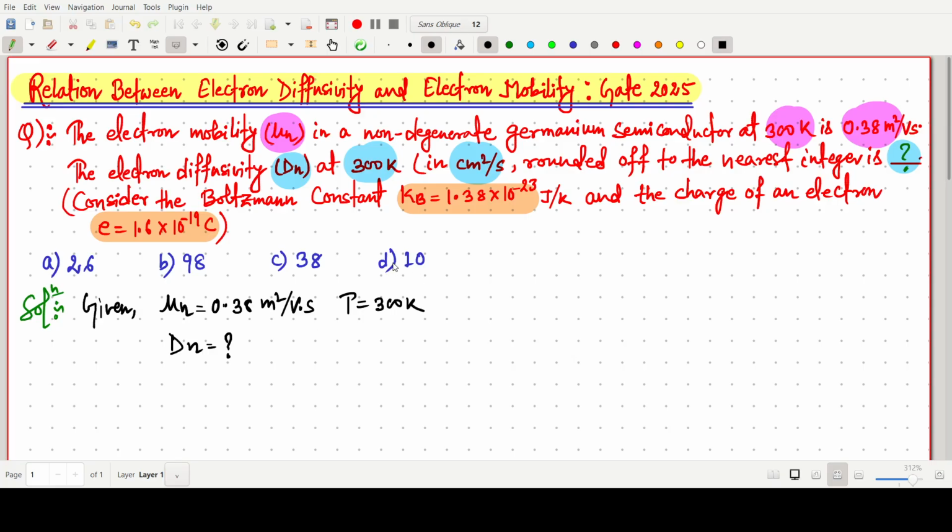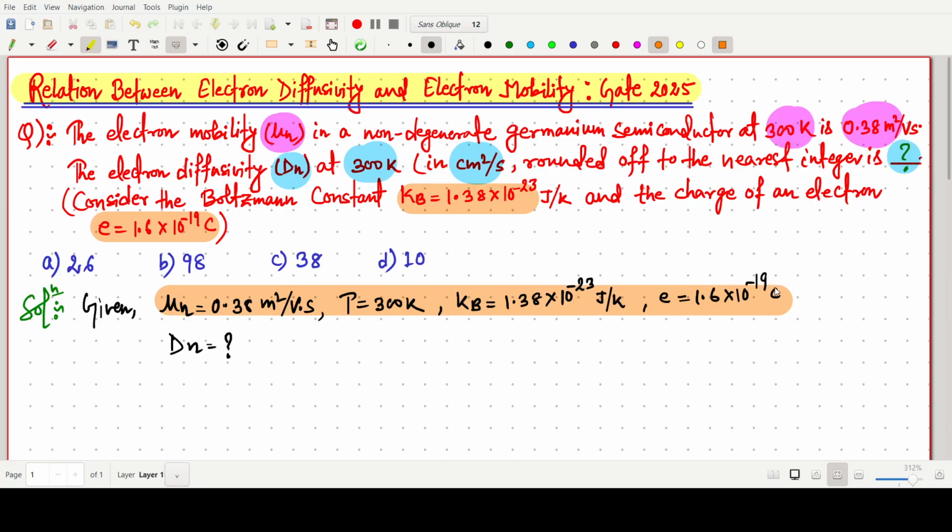The Boltzmann constant value is given, 1.38 into 10 to the minus 23 joule per Kelvin, and the electronic charge E, 1.6 into 10 to the minus 19 coulomb. I am highlighting once again: these four things are given, so we have to find the value of Dn.